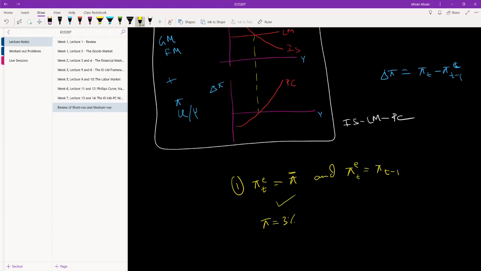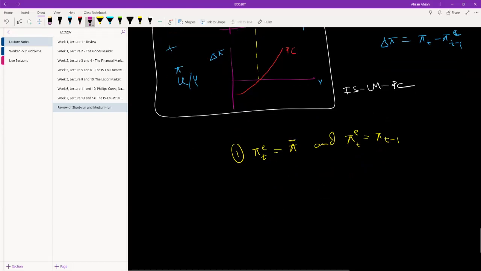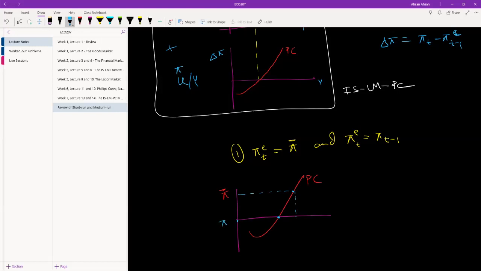Or actually, no, let me just draw the diagram that might explain this better. If we just have this, okay, this is the Phillips curve, and suppose we are at this point. So where we want to be is at this point, right? This is where we want to be.